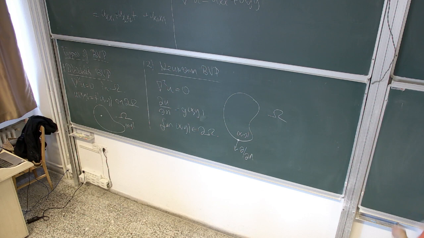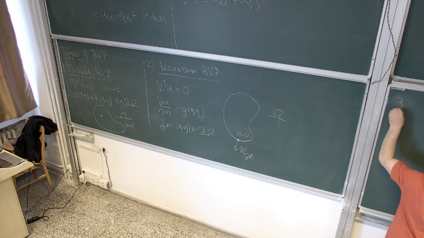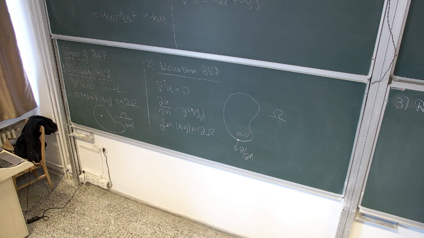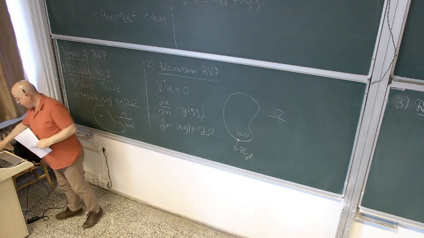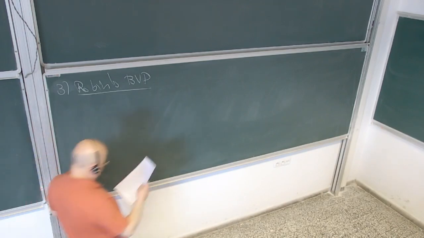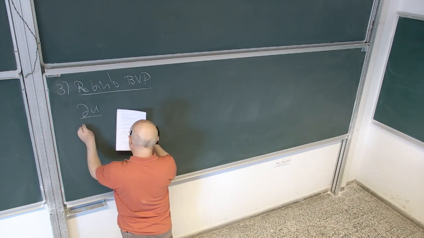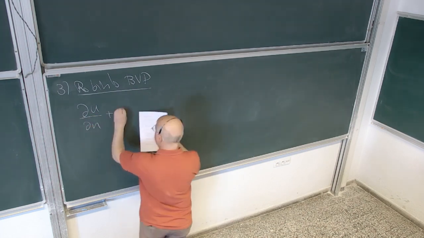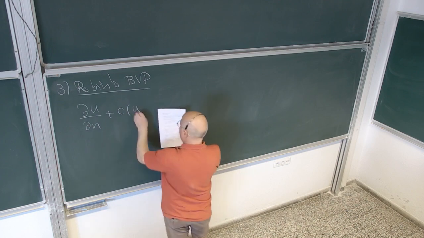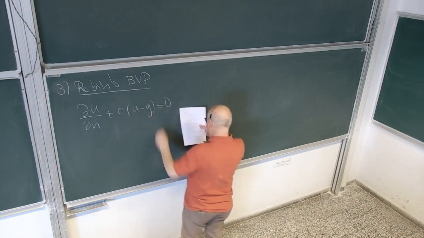Now the Robin type boundary value problem. Here we have del u over del n plus c times u minus g equal to 0.